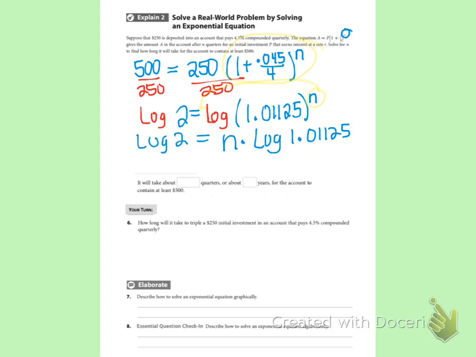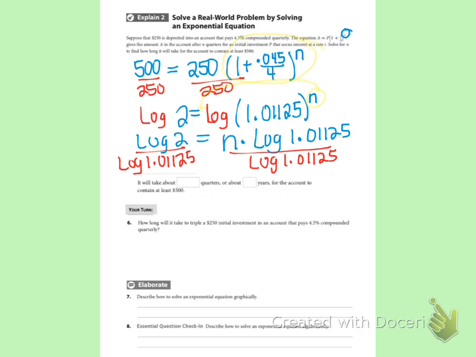And so the last step to solve is I'm just going to simply divide both sides by the log of 1.01125, and that should give me my answer for n, the number of quarters, meaning the number of times over all that time that was invested, the number of times it compounded.